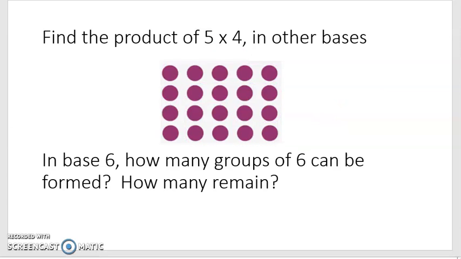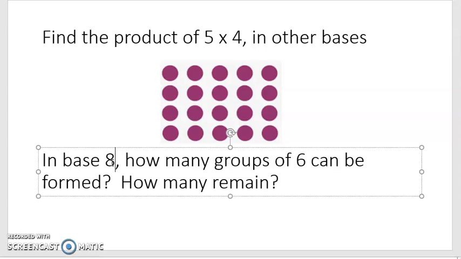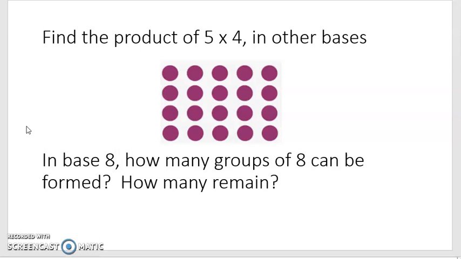In base 8, you would again set up a 5 by 4 array. But in base 8, and excuse me, this should be base 8. Let me fix this on the fly. In base 8, what you have is you just think, how many groups of 8 do I have in this 5 by 4 array? So groups of 8 would be, here's one group of 8 right here.